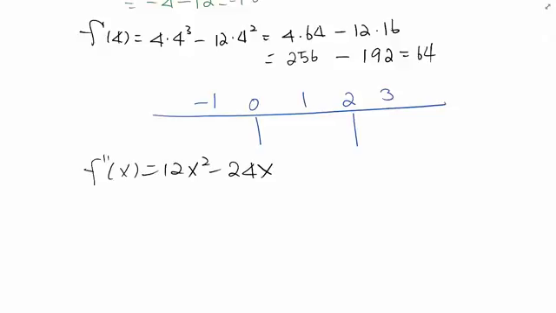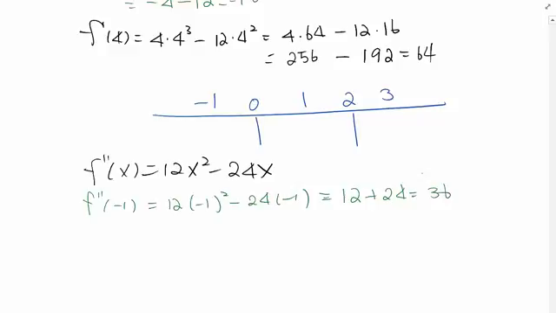So we plug in negative 1 first. f second prime of negative 1 equal to 12 times negative 1 squared minus 24 times negative 1. So it becomes 12 plus 24, which means 36. So this interval is concave up. Now you know what, I'm gonna write concave up because it may be confused.